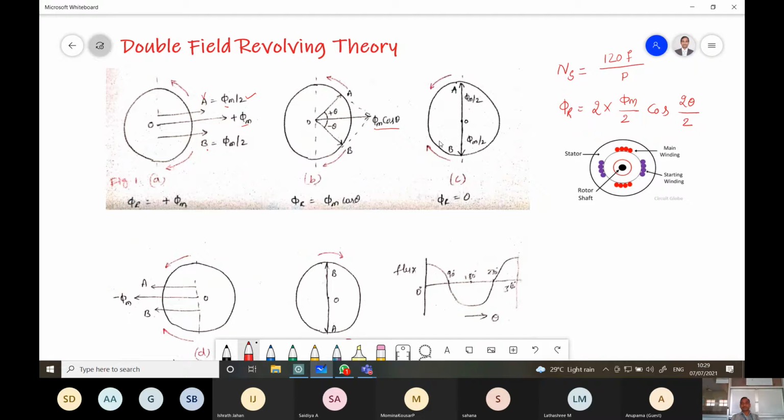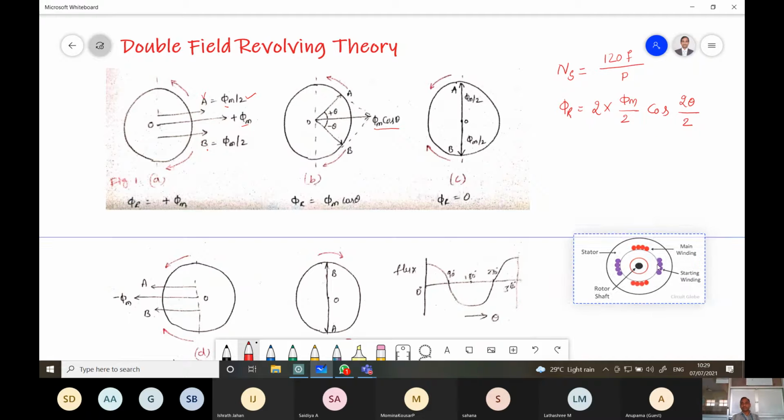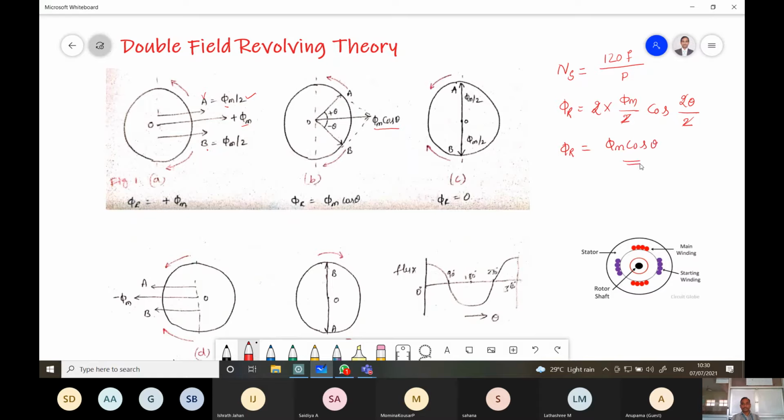So these two get cancelled. So the resultant flux is equal to phi m cos theta. Therefore the resultant vector is phi m cos theta. That is represented in figure B.